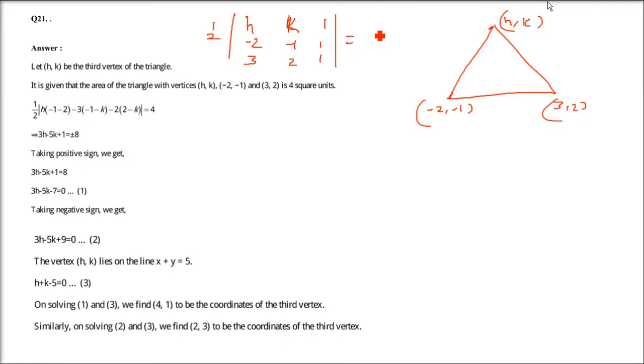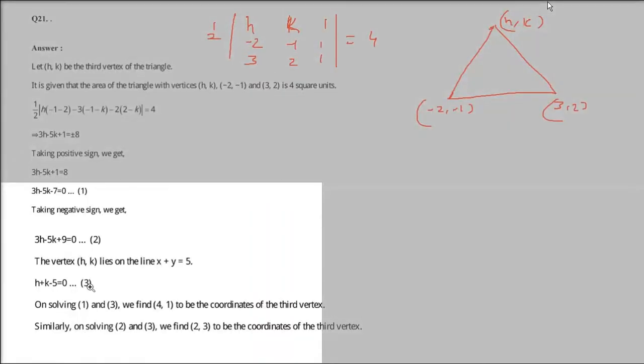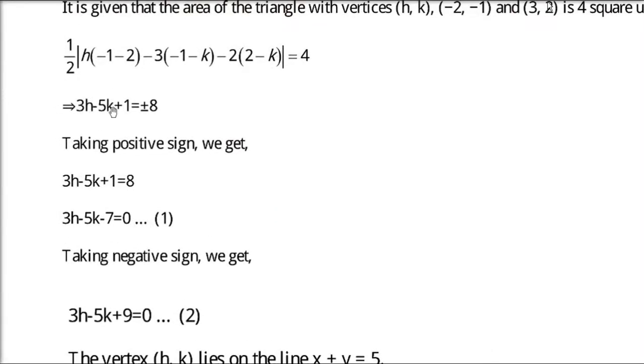And this equals 4. So you have to make it plus minus, because the area can come in plus as well as minus. It can be on any side of the quadrant, right? So plus minus 8 we are using. This equation is coming as 3h minus 5k plus 1 equals plus minus 8. So one time you take positive, one time you take negative.